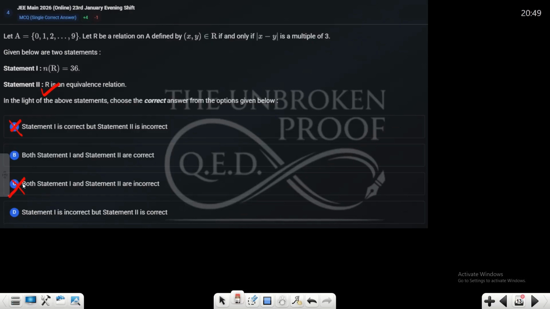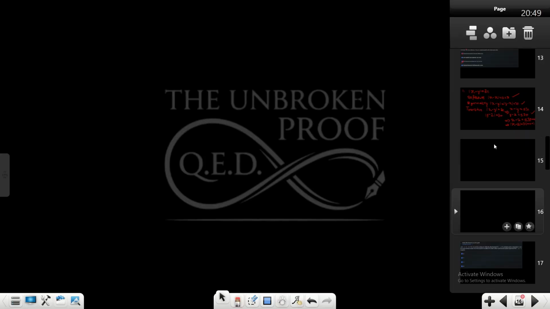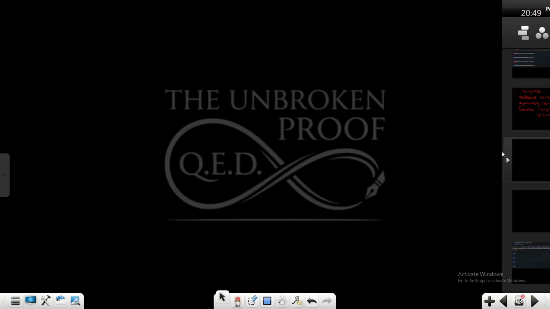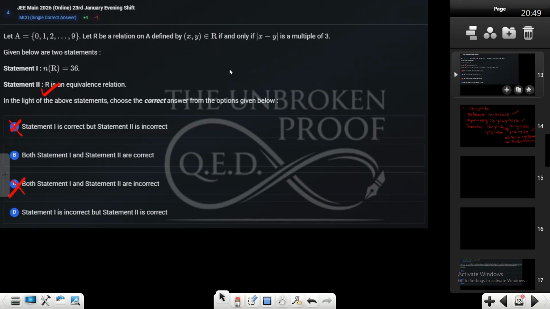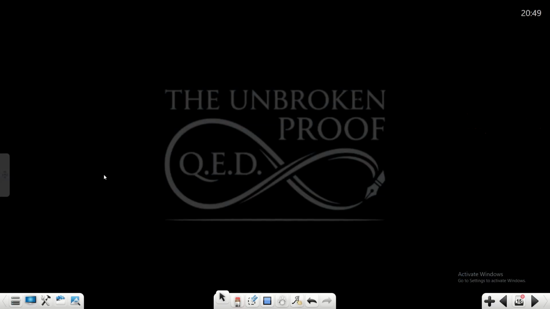Now let us see among these which of them is correct. If you look at the first statement, they are asking the number of elements, so the set A is from 0 to 9, and they are asking to find something like this, like x minus y is a multiple of 3.